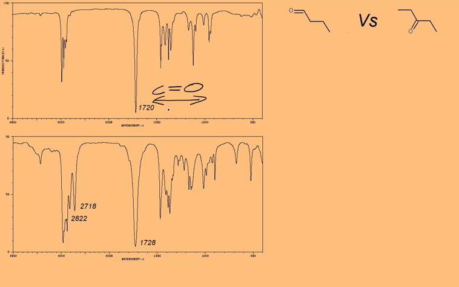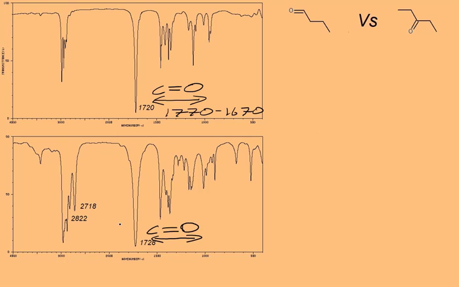The full range is about 1770 to 1670. It can sometimes be a bit lower if the bond becomes looser because of conjugation with other pi bonds and lone pairs. Now that doesn't give us clarity because of course we're seeing a peak very close by in the second spectrum at 1728, which is also for a carbon to oxygen stretching vibration.